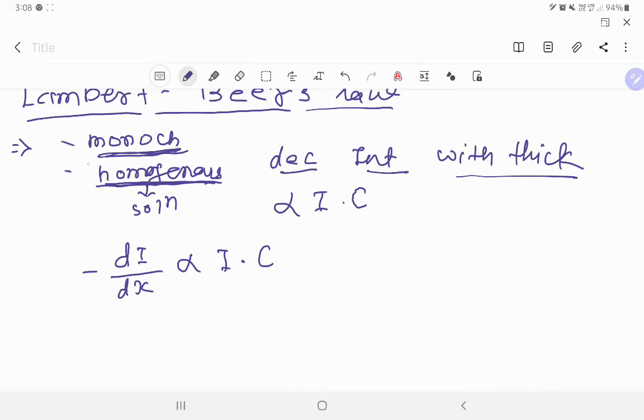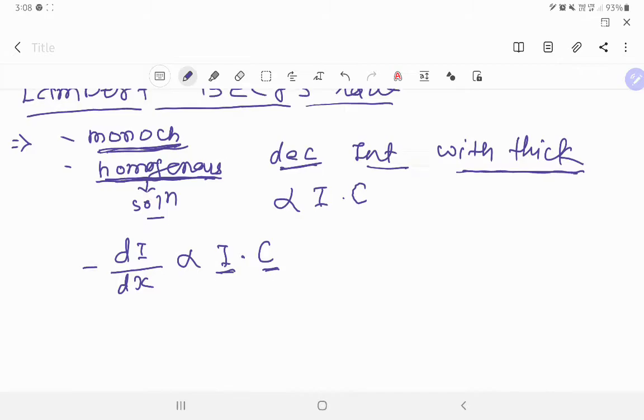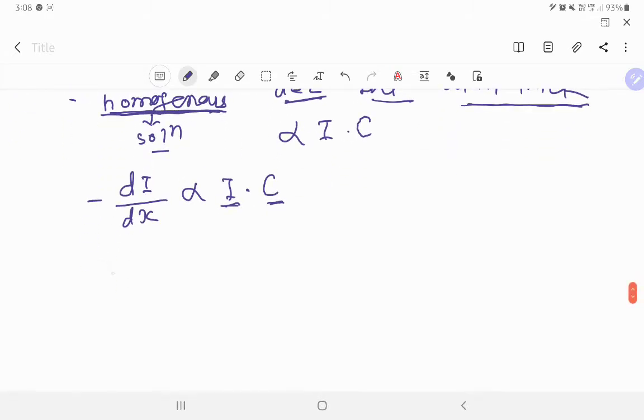When a beam of monochromatic radiation passes through a homogeneous absorbing solution, then the decrease in intensity of incident radiation with thickness of absorbing medium is directly proportional to intensity as well as concentration. Okay. Now simplify this and solve same as the previous equation. Minus dI by dx is equal to some constant, say k dash, I into C.